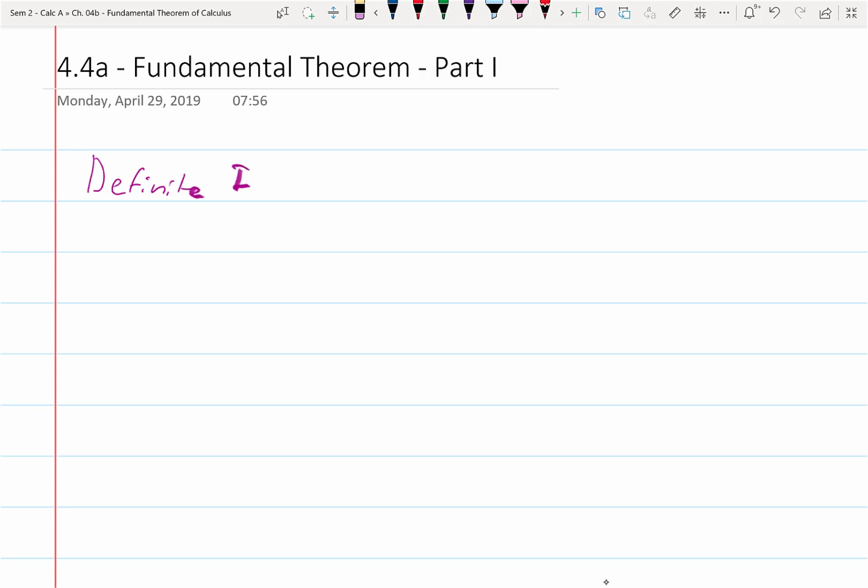And the definite integral, as we did over the last couple of days, represents the area between a curve and the x-axis. Area appearing above is positive, area appearing below is negative.